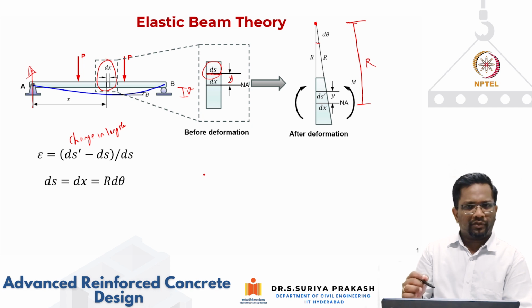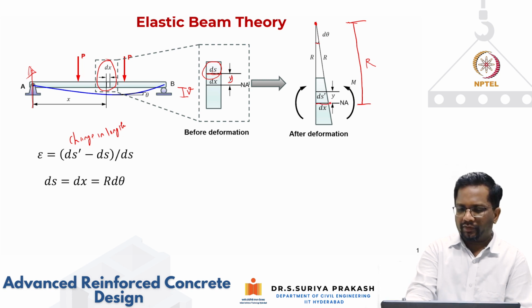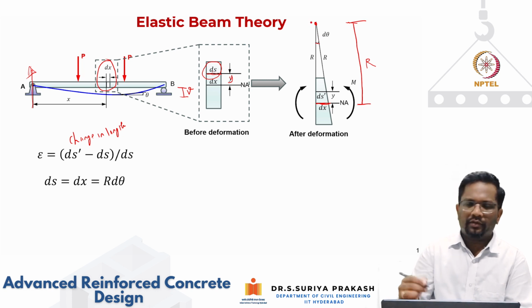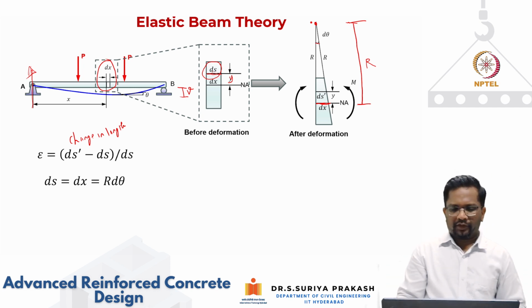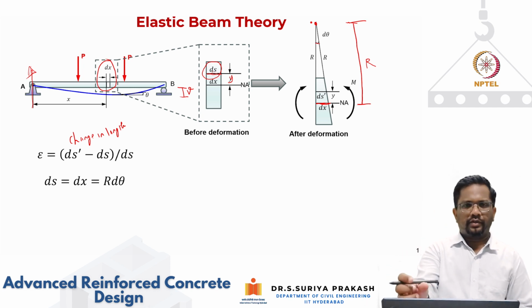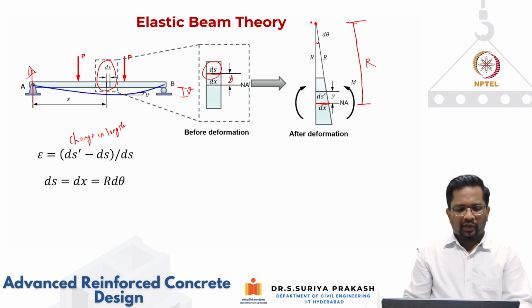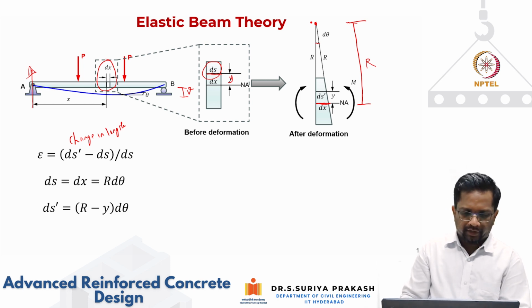We know that it is equal to dx, because the original length before deformation, ds, is equal to dx. Now what is dx? Dx can be written as r into d theta, from your circular bending, right? So it is bent into the circular arc, so that deformation can be written as r into d theta.